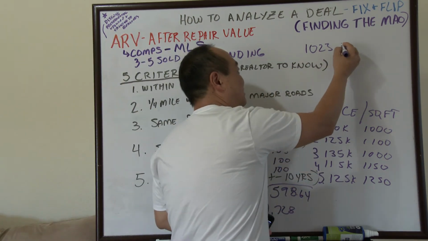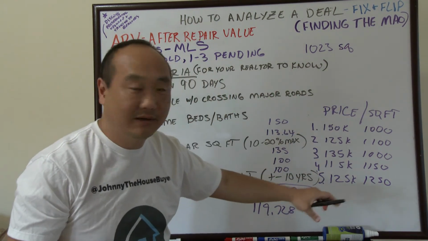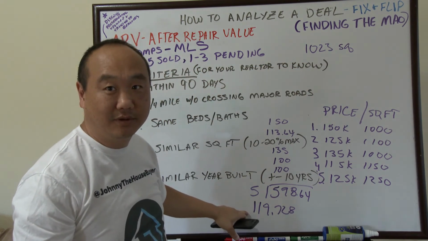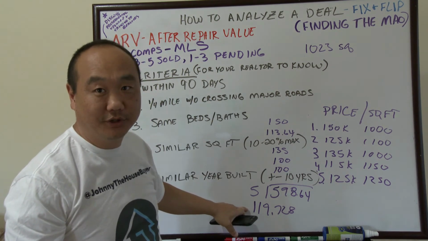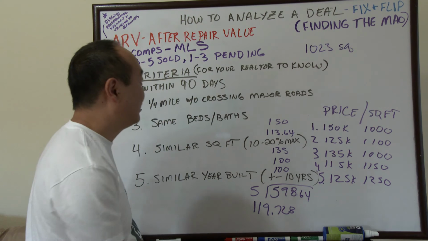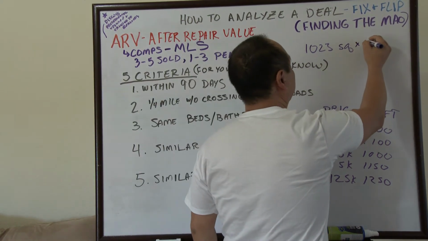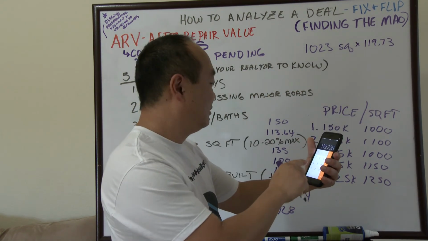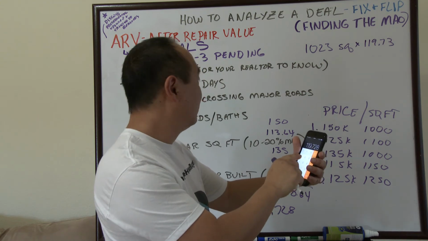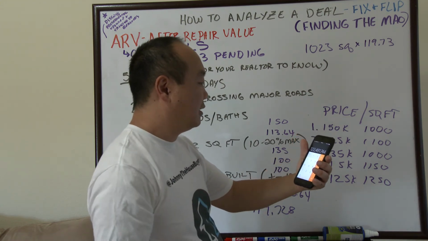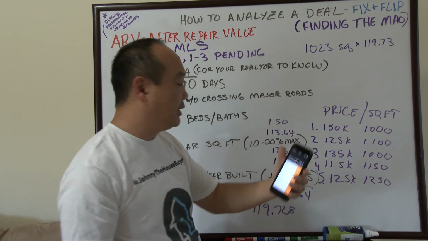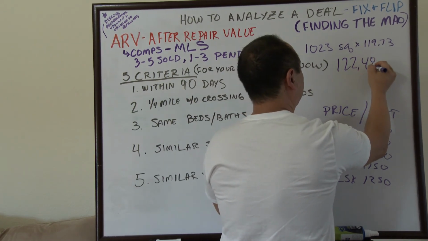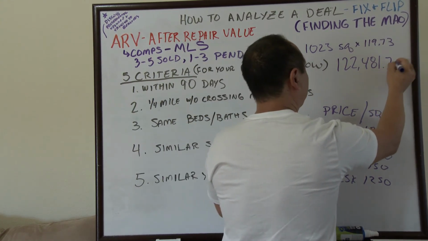From these comps, we take 1,023 and multiply by our average price per square foot, which is 119.73. So 119.728 times 1,023 gives 122,481.